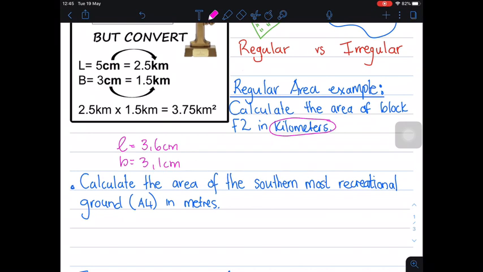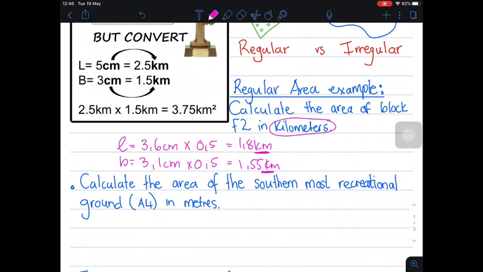And to do this, we use the distance method. So we'll times by 0.5 using the shortcut and times by 0.5 there. That will then give us an answer of 1.8 kilometers for the length and 1.55 kilometers for the breadth. Now you can times the two because they have both been converted into the reality distance.